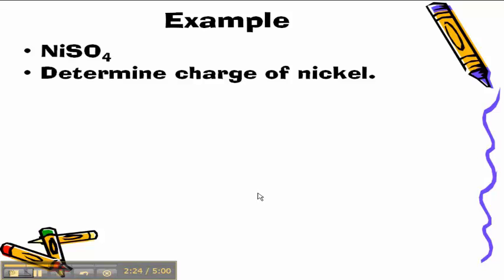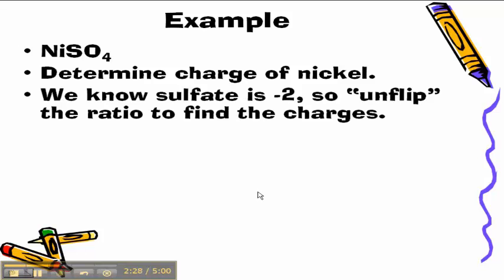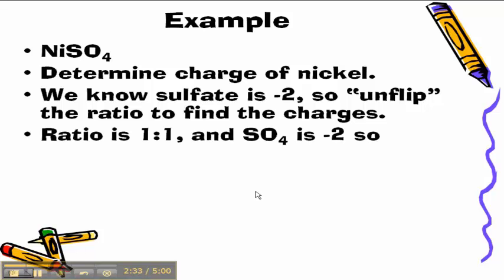NiSO4. We're going to determine the charge on our nickel. All right, we know that sulfate's -2, so again we're going to unflip. But now pay attention here. The ratio is 1 to 1, because if we look at this with parentheses, it's 1 nickel to 1 sulfate. Now we do know that sulfate is -2, so we have to be very careful here.